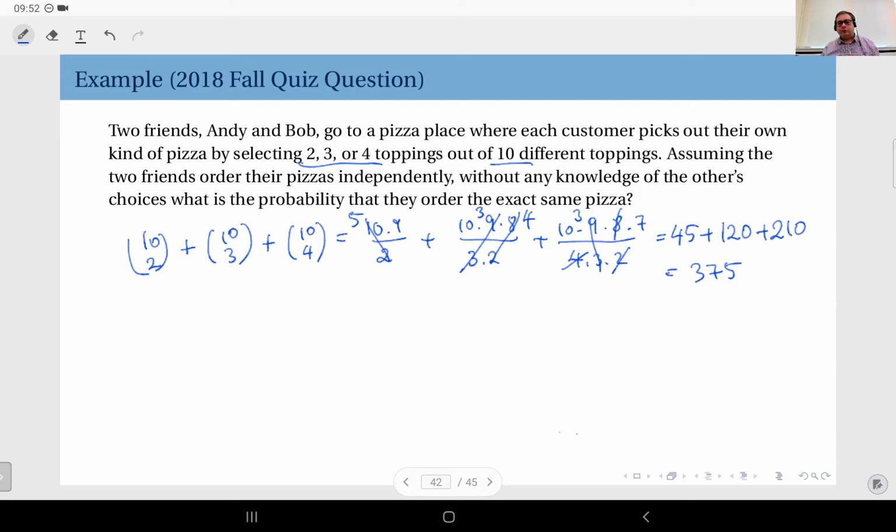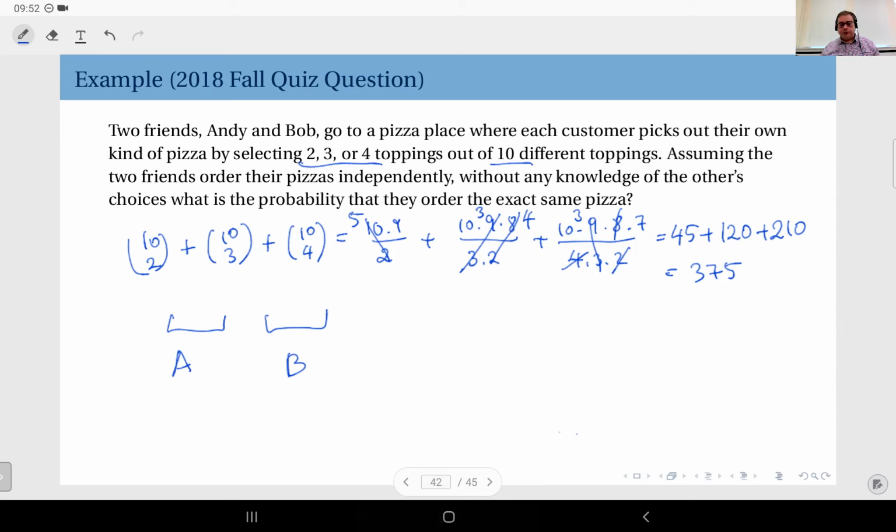Now, that was the first part of the question, which is not really asked, but we need implicitly to solve what is asked. The question is, what is the probability that they order the exact same pizza? So we have 2 selections, Andy and Bob, that they are going to make, and they can make those choices out of 375 different types.